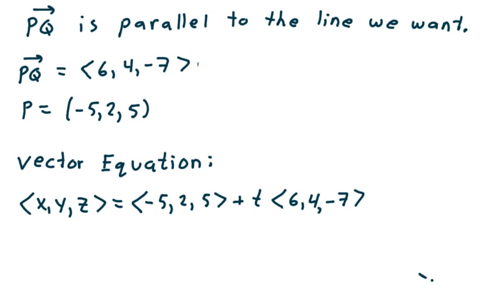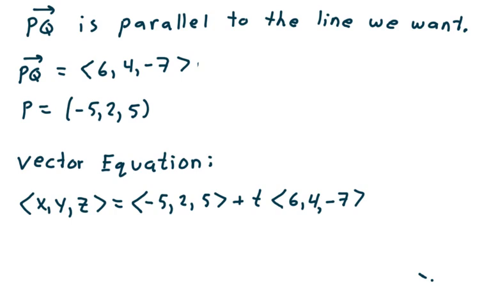I'm going to choose the point P, (-5, 2, 5). I claim I could have chosen P or Q, and it doesn't matter. I'm going to get an equivalent equation for the line.